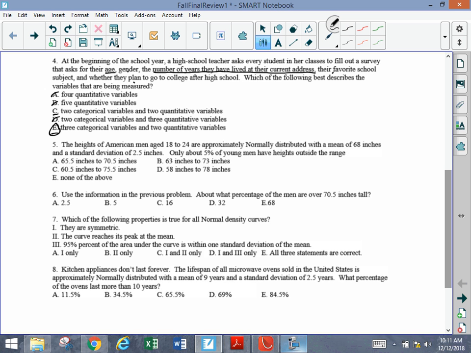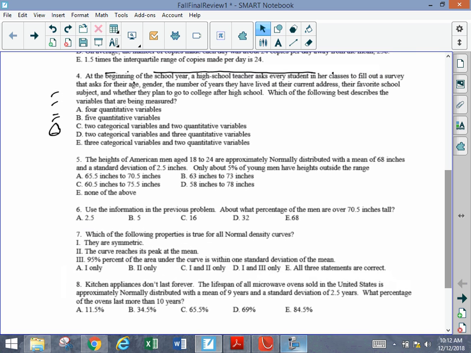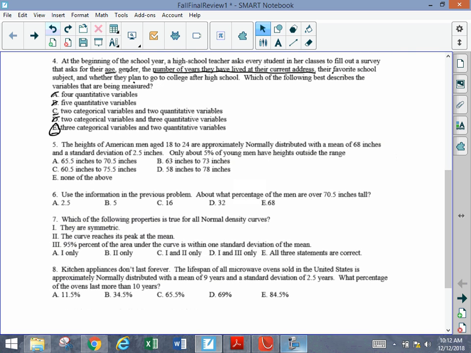All right. Heights of American men aged 18 to 24. Actually, I'm going to go ahead and take this one. Oh, are you recording?